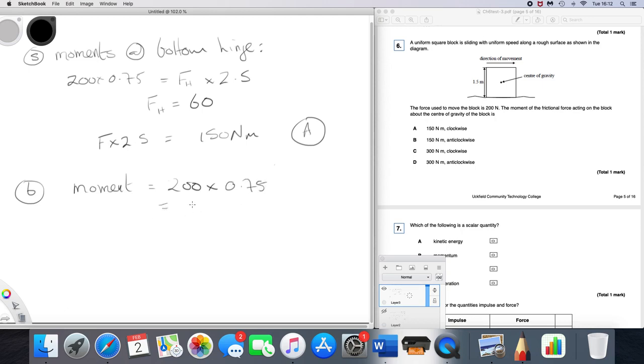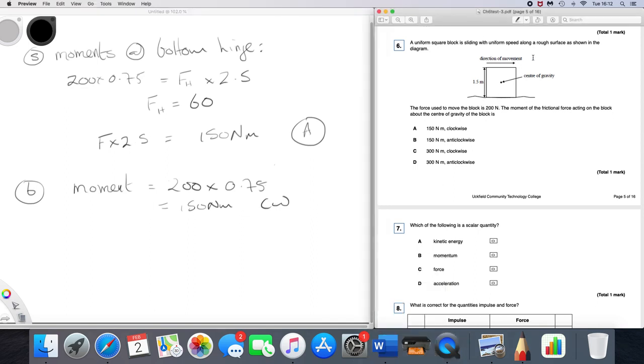And so, nice and straightforward, it is 150 newton meters acting clockwise. It's clockwise because, of course, the block's moving this way and friction opposes motion, so friction's going this way, so it tends to turn it that way. Okay.